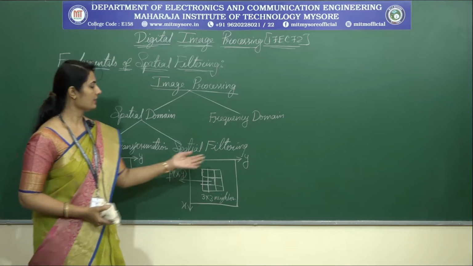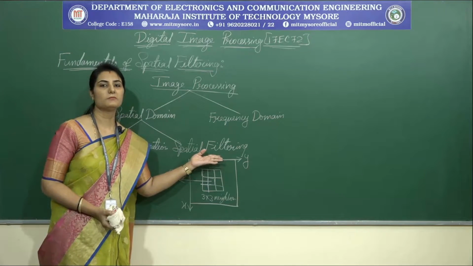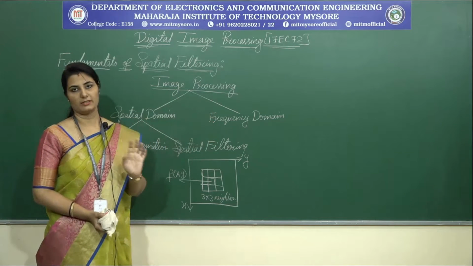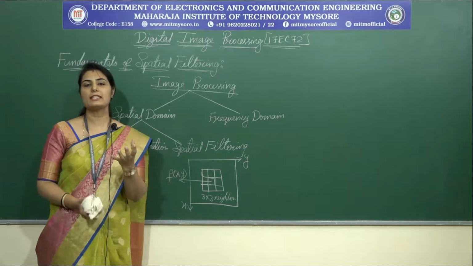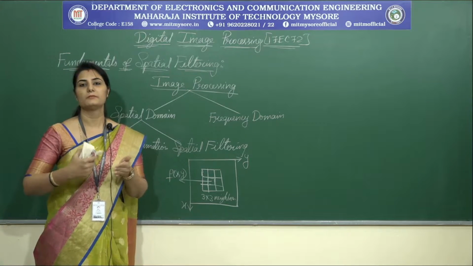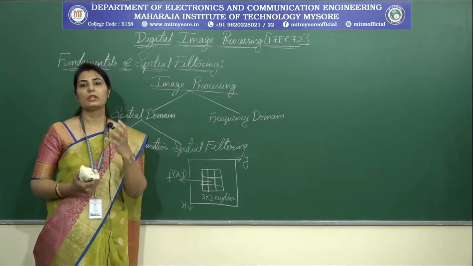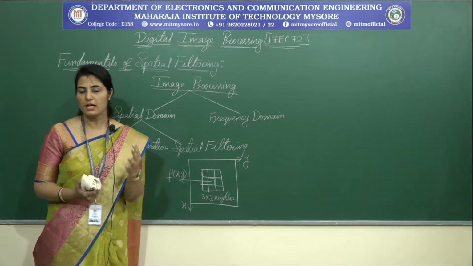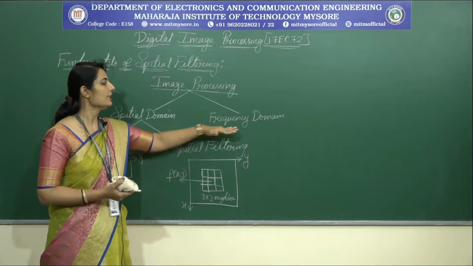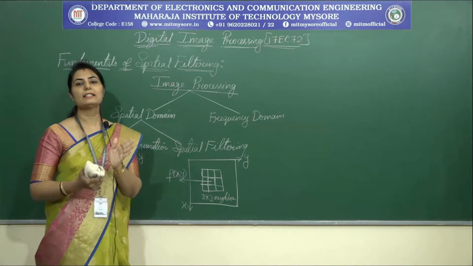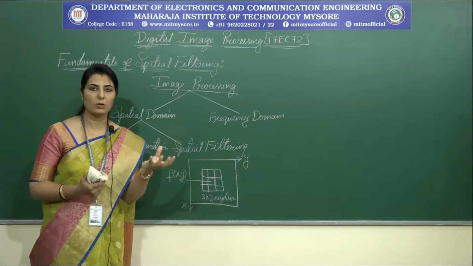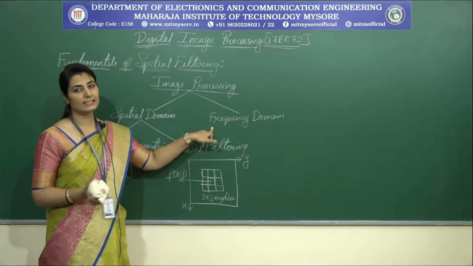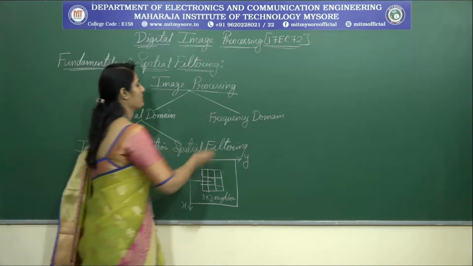If I use the term filter here, this name is borrowed from the frequency domain. In frequency domain, we perform filtering operations to remove certain frequency components and to pass certain frequency components. That means the filters pass certain frequency components and reject others. Consider the example of a low pass filter.